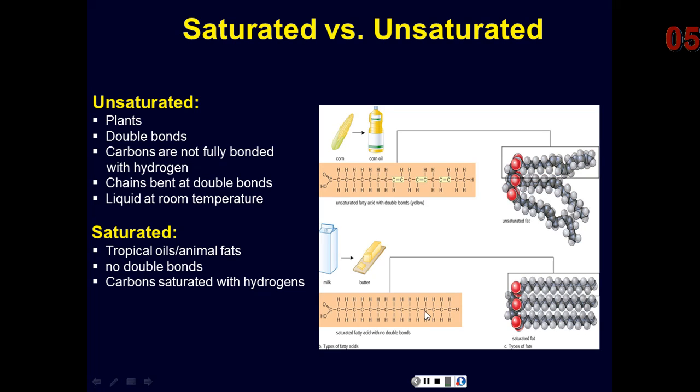There are no double bonds, which causes these fatty acid chains to be straight right there. When you have straight fatty acid chains, this molecule would stack very nicely on top of another molecule that looked just like that, kind of like books that you would stack together, which causes these substances to be solid at room temperature.